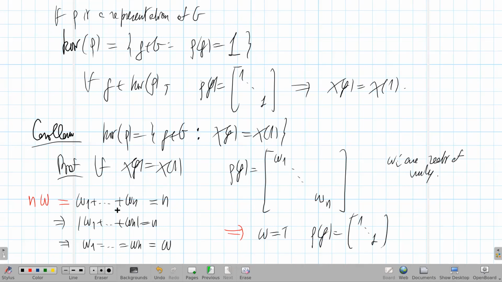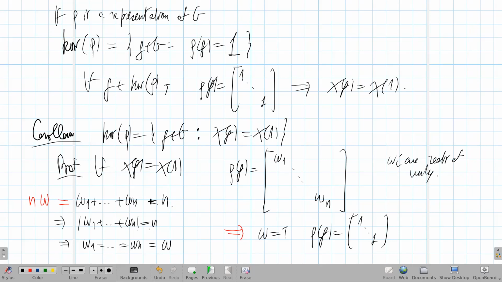Okay, because we have the sum of these roots of unity that is n, so you use the result that if the absolute value of the sum is n, then they are all equal, so this is just n times omega, and so omega is 1, okay? But simplify n.